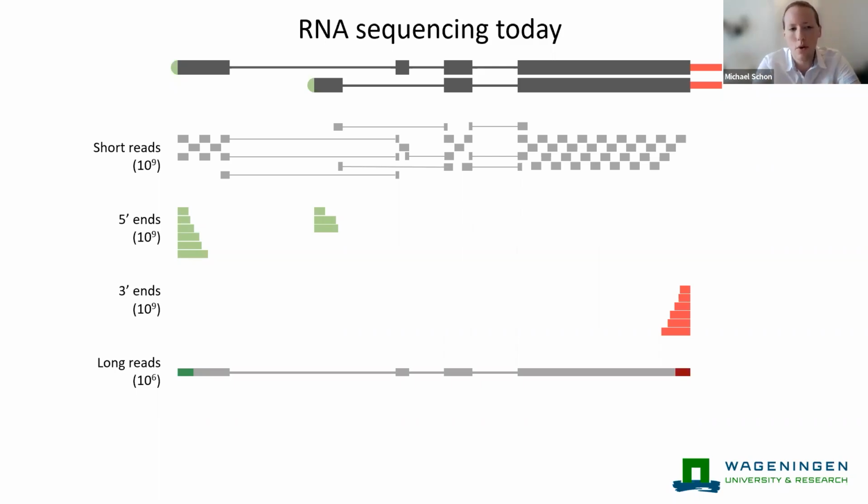And even though they're much lower throughput right now than short read technologies, the ability to sequence the entire structure of an RNA molecule from end to end is extremely valuable in knowing the total structure of that RNA.